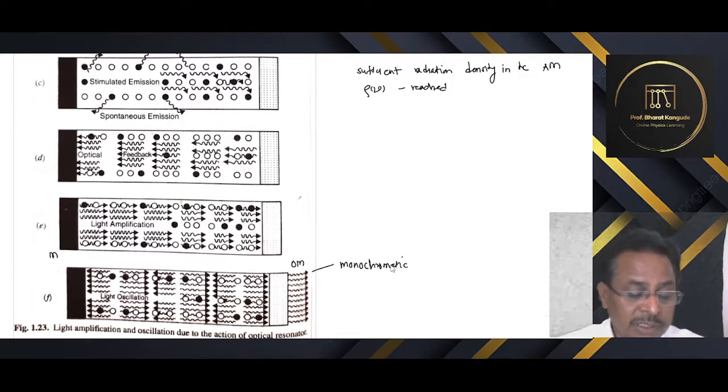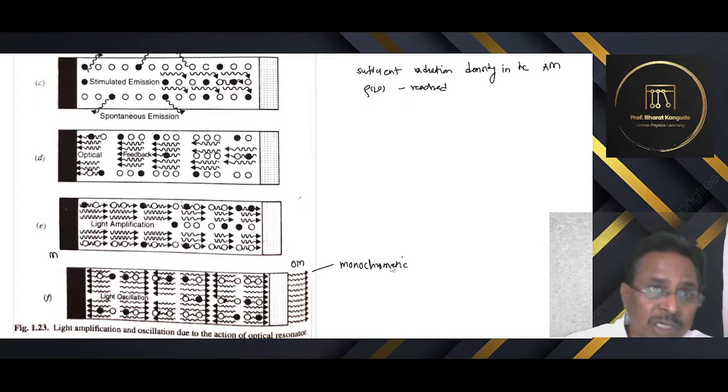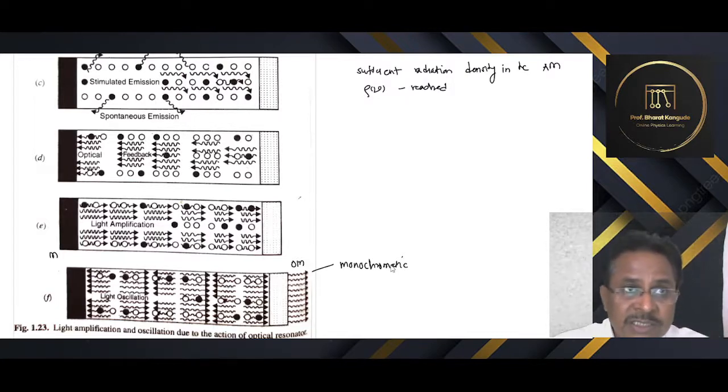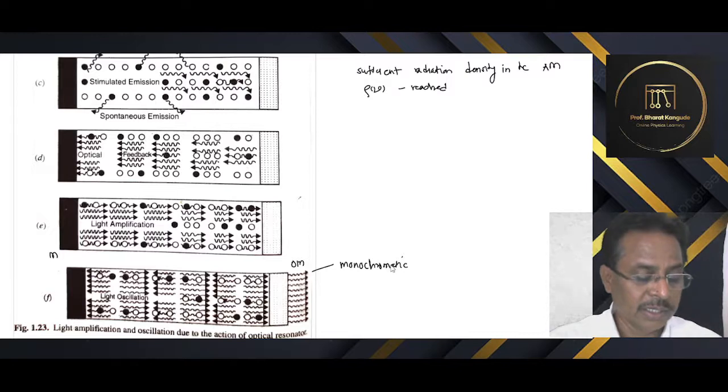So it requires suppression of undesired transitions. Whatever transitions are not giving the same frequency are to be suppressed by some mechanism, and this is achieved by coating the mirrors with suitable materials that highly reflect photons of the desired frequency.